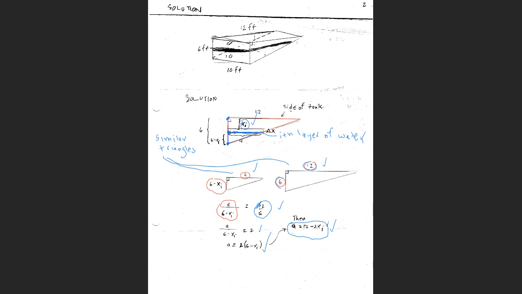Okay, we're going to make use of that. We need to find an expression for the volume of the ith layer of water. And now that we know what the length is, the length A of the ith layer of water is 12 minus 2 times xi.